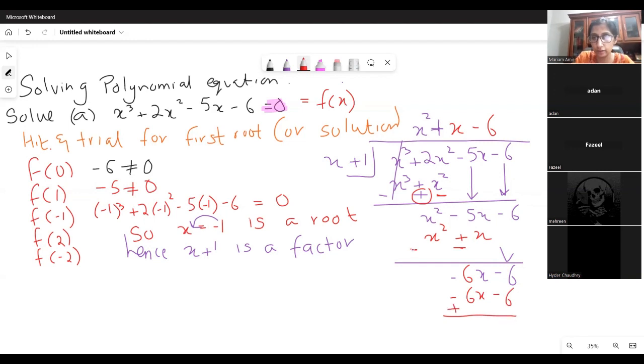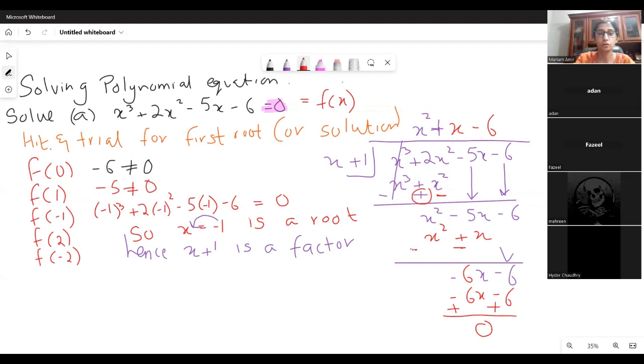Change the signs plus, and we must get a remainder 0 because we knew that x plus 1 is a factor of x cube term. तो अगर फैक्टर है तो डेफिनेटली रिमाइंडर 0 आ रहा है. अगर रिमाइंडर 0 नहीं आ रहा, जैसे मेरा पहले नहीं आ रहा था, दैट मीन्स 100% आपकी डिवीजन में कोई मसला है. सो यू शुड रीचेक योर वर्किंग.